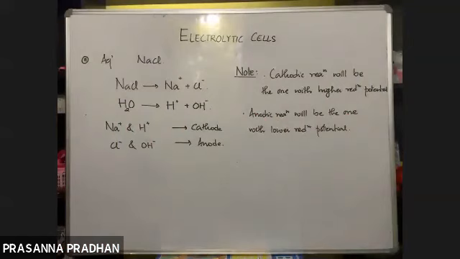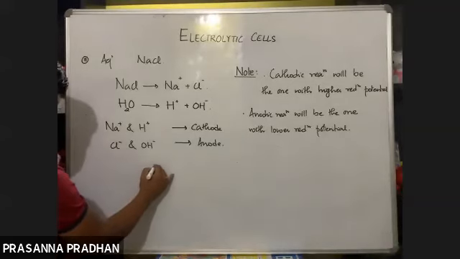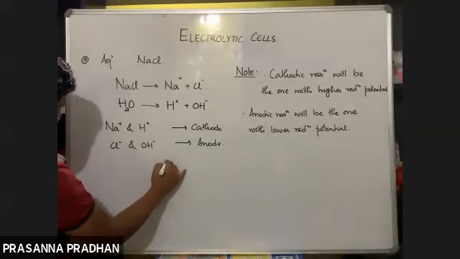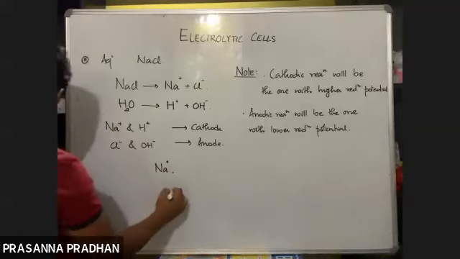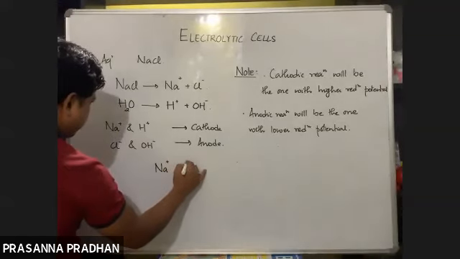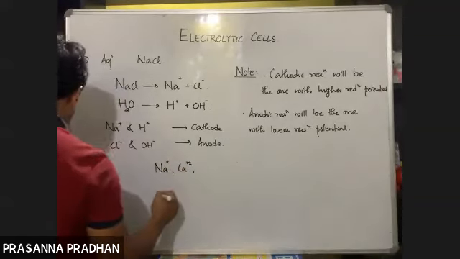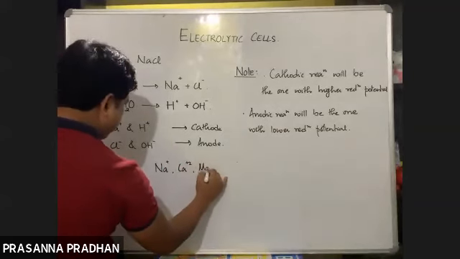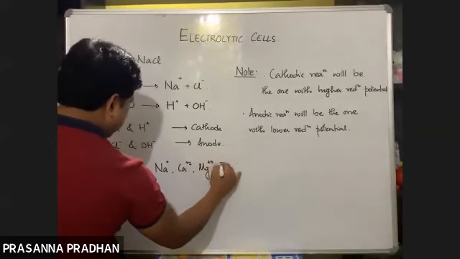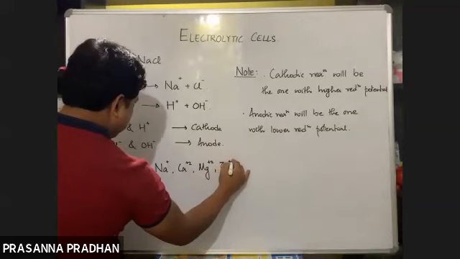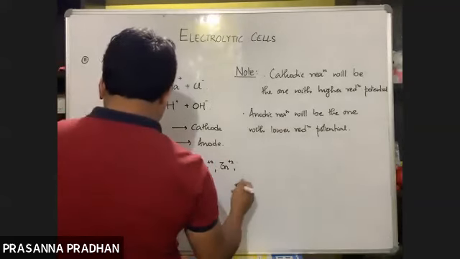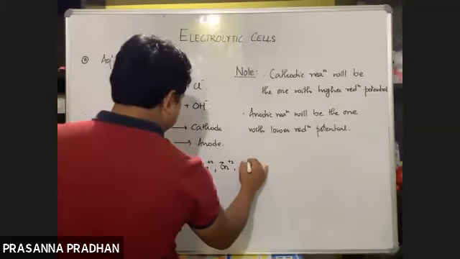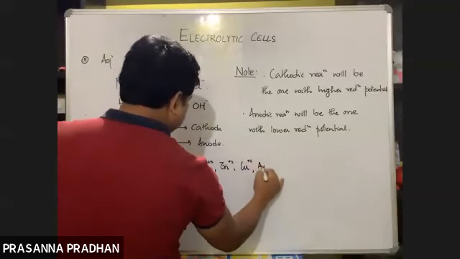For your reference, I'll give you one more piece of additional information. I think this will be helpful. Just write it down: sodium ion, calcium dipositive, magnesium dipositive, zinc dipositive, copper dipositive, silver dipositive.